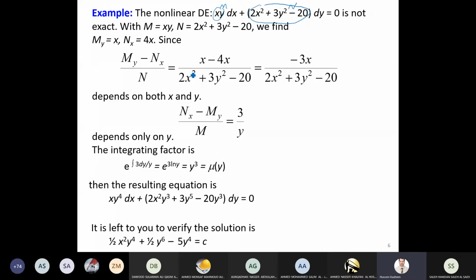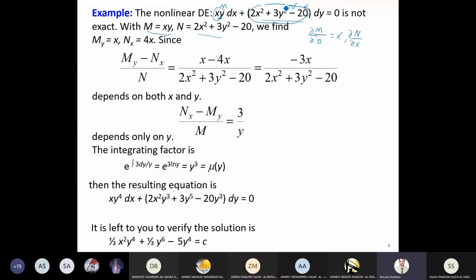Now let me find partial M over partial y. Here this is M, as you can see, and this is N. Partial M over partial y: this is M, and if I differentiate with respect to y, it will give me x, because the differentiation of y is 1, times x. Then partial N over partial x: let me differentiate this with respect to x.